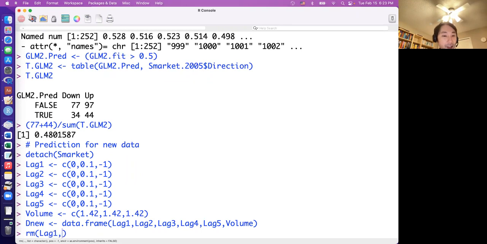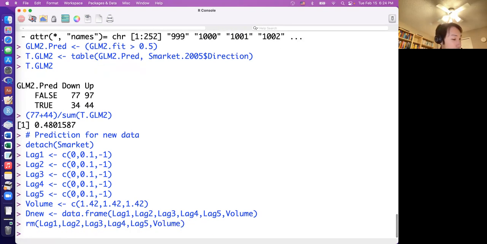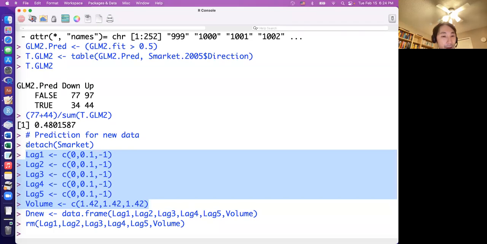And just in case, we delete these variables, because we declared lag 1, so this is just a global variable, but that's also in this data set. So this is confusing. To avoid any confusion, we delete these variables. So these variables still exist within this dnew, but the original global vectors are eliminated. So these still remain locally in the dnew data set.